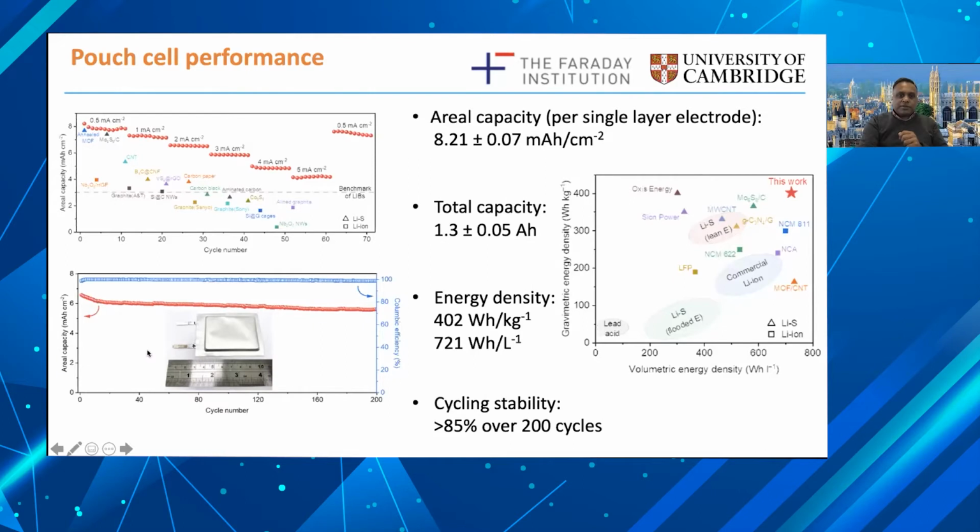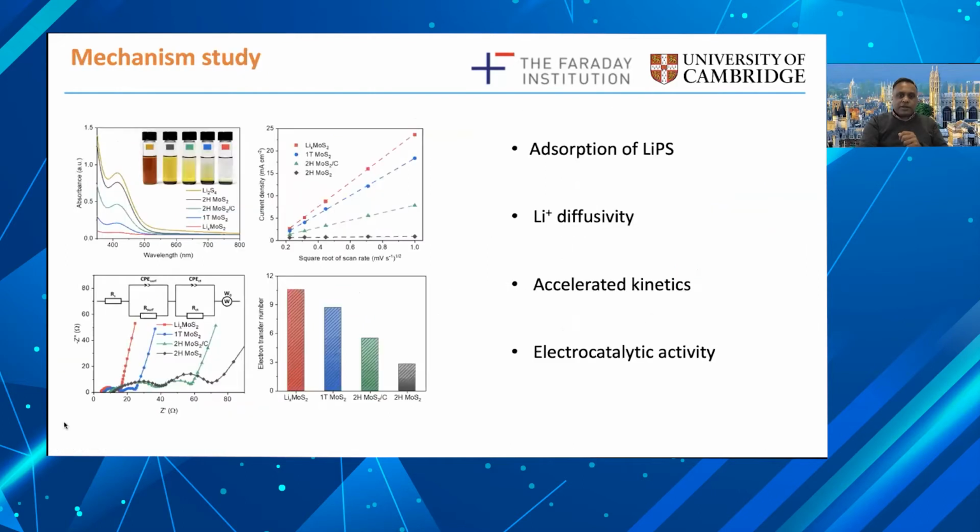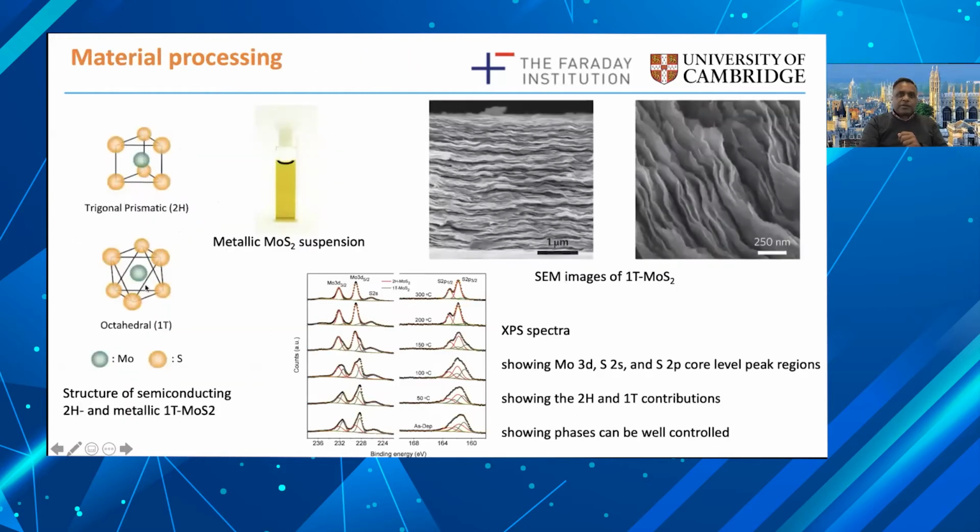If I go to one of the earlier slides, like this one, you see the unit cell: this is the trigonal prismatic unit cell, and this is the octahedral unit cell. So the 2H and 1T are just the crystallographic orientation of the unit cell, the structure of the material.